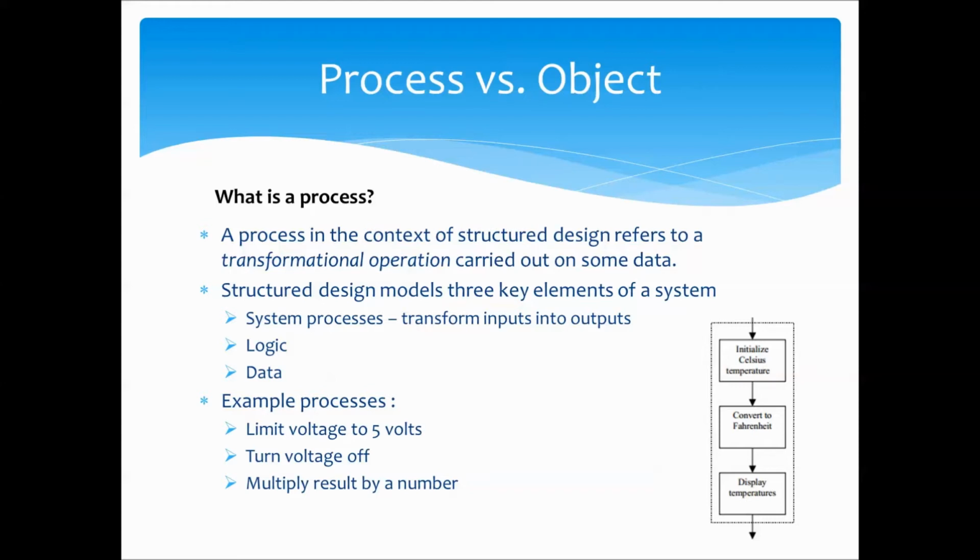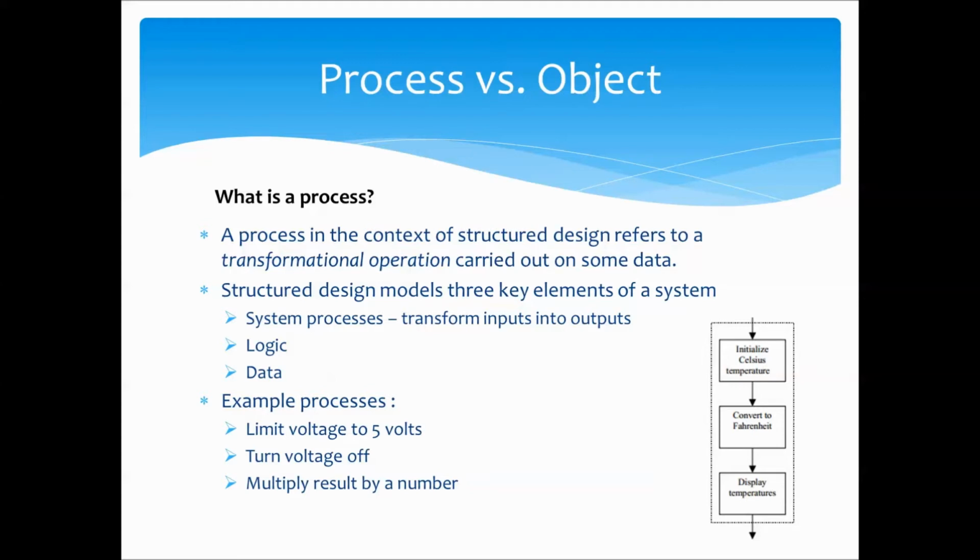So the analysts, once having identified all the key business processes, will then graphically represent the processes, the associated data flows, and the data storage areas in a diagram called a data flow diagram.